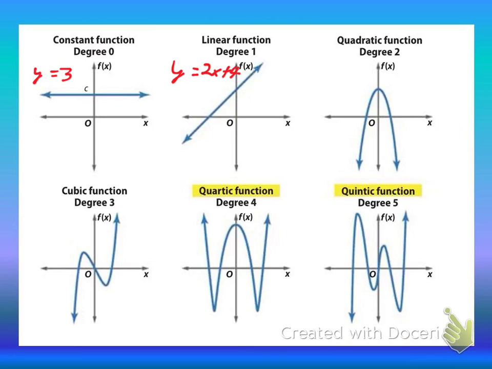What's this third one called? It's a quadratic, and its big feature is what? What's the big difference between quadratics and linears? Not the graphs, the equations.